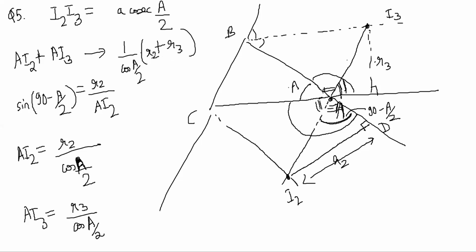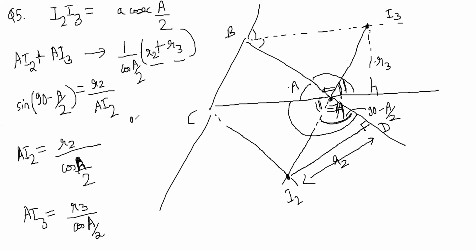So R2, R3, let's write in terms of the sides. Let's write the R2, R3 formulas and see which one works out. So R2 plus R3, let's write it in terms of the third formula.